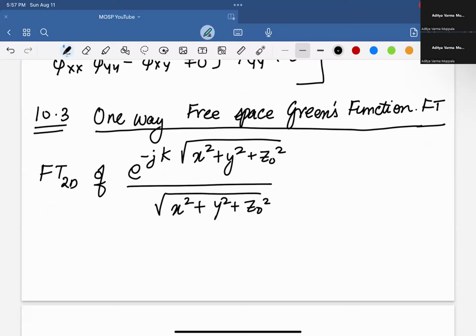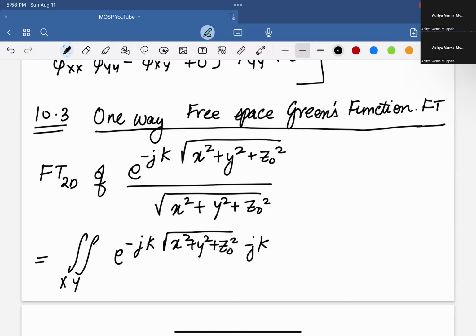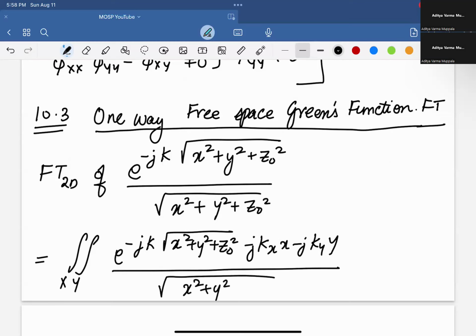Okay, so what is this? So the actual integral, explicitly to write it out, is e to the minus jk square root of x squared plus y squared plus z naught squared, minus j kx x minus j ky y, over the square root of x squared plus y squared plus z naught squared, dx dy.